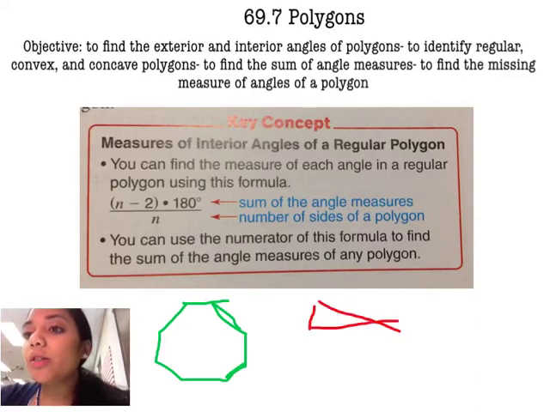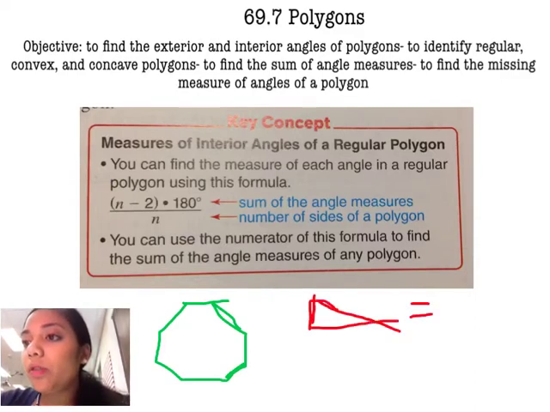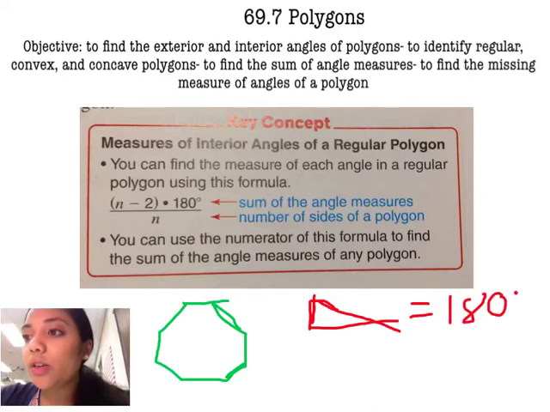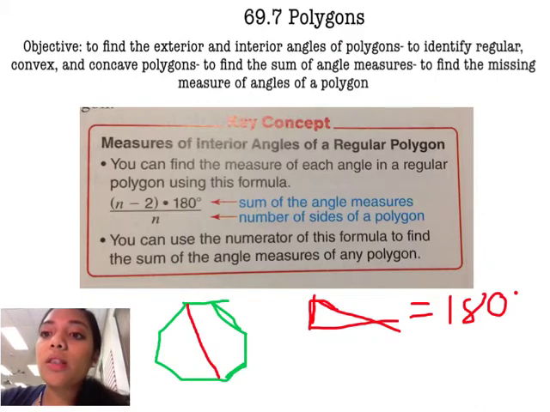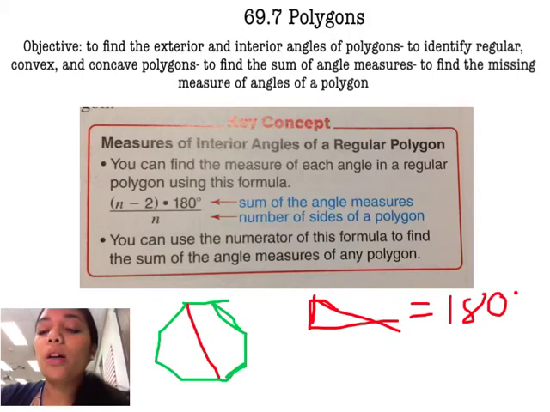So, how many degrees are in one triangle? Well, you should know this. It's 180 degrees. So if I can split my octagon into triangles, then I can find out how many degrees total are in my octagon.